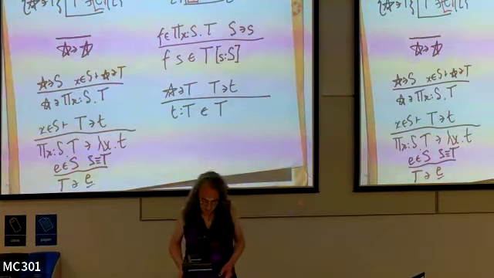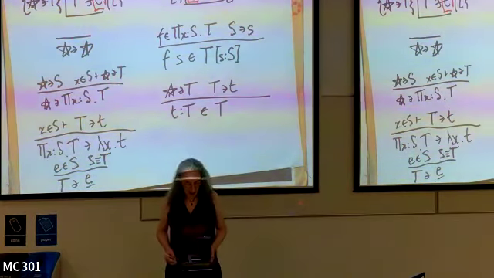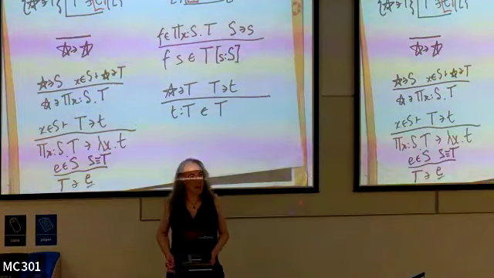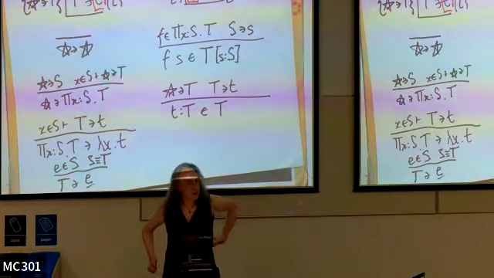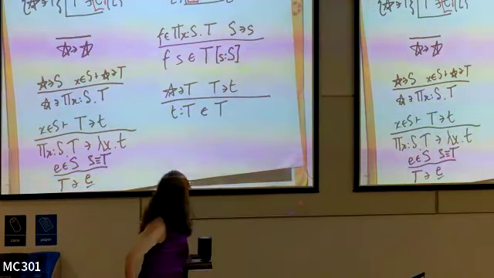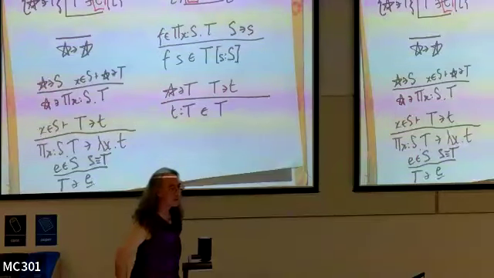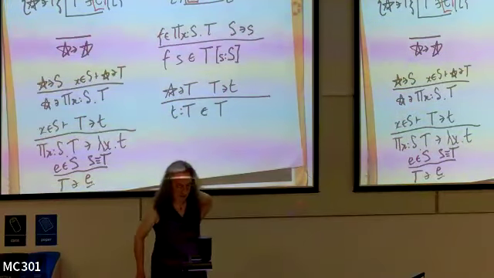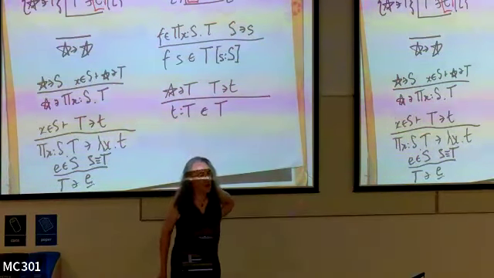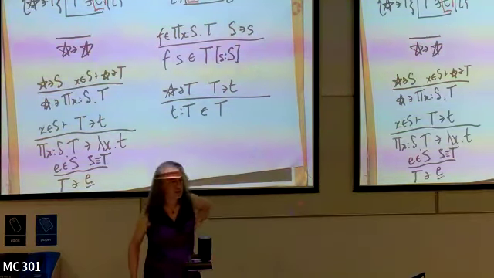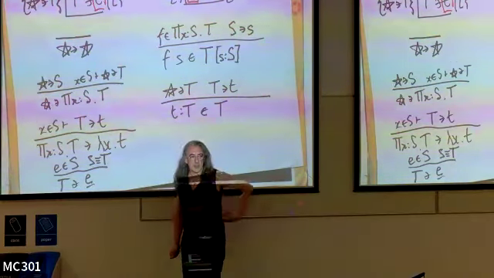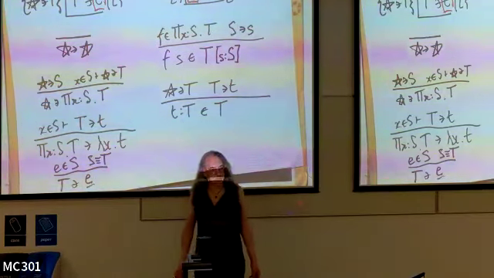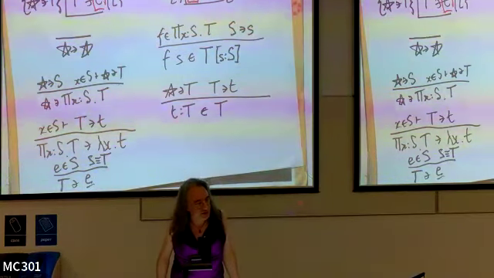Okay, so, yeah. In the rule you just wrote for function application, we know that T is a type because it's been guaranteed by F. How do we know that T is substituted S? Because these systems are stable under substitution by construction.